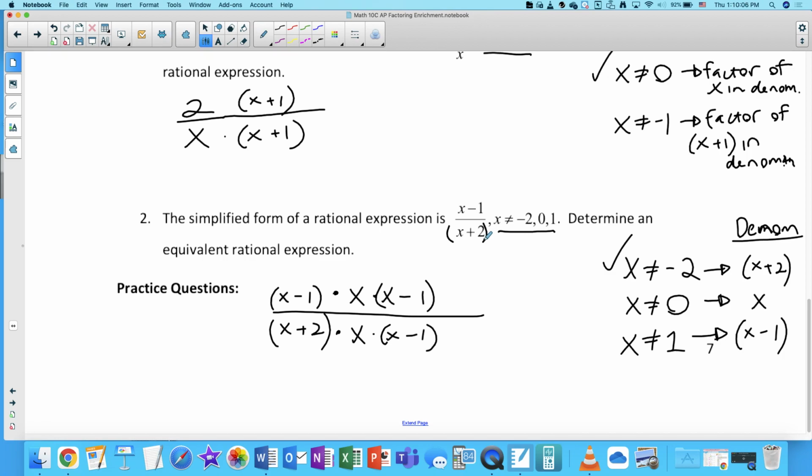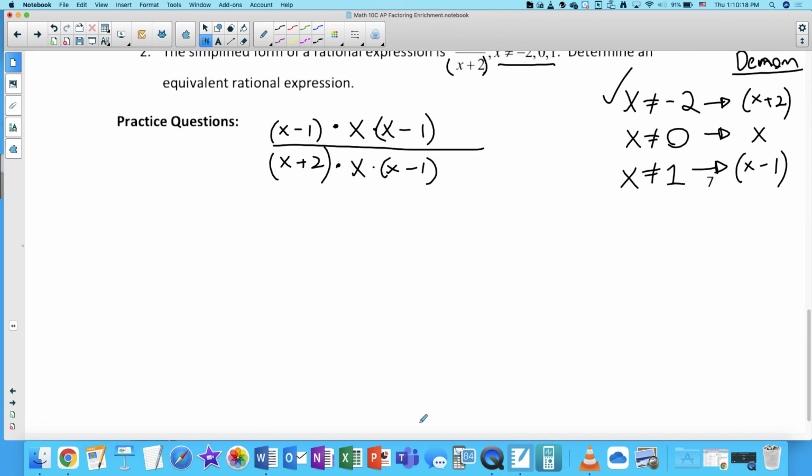Okay. Now, if this was a written response question, that would be absolutely fine. But I want to show you what it would look like for a multiple choice question, which I think would probably be more likely. In a multiple choice question, what you would see is that the monomial factors would come at the beginning. So this guy would come over here.